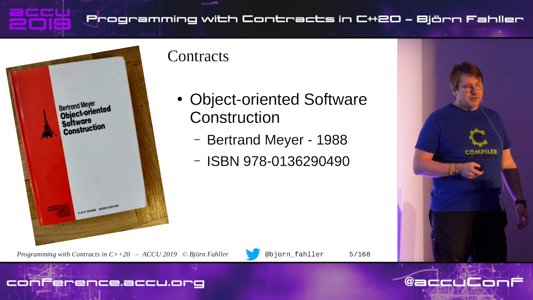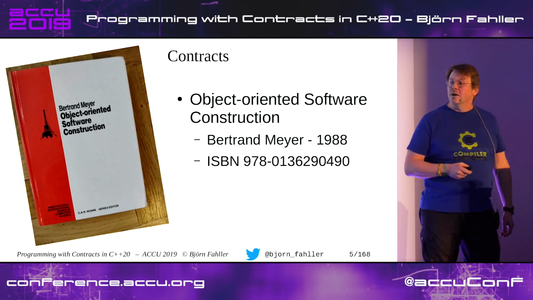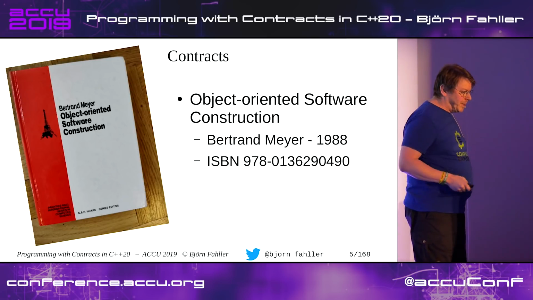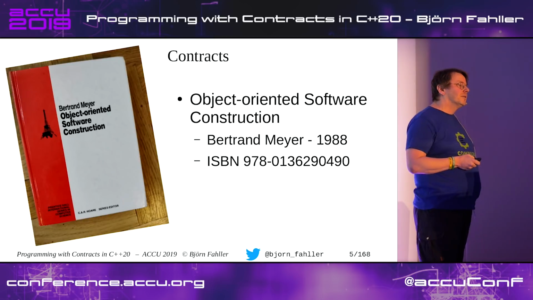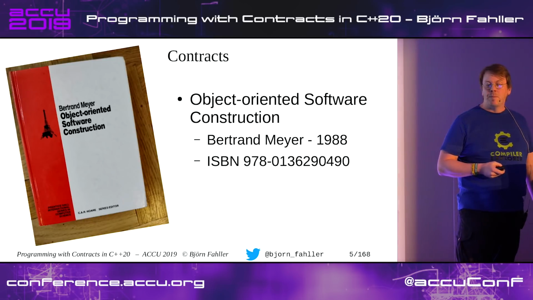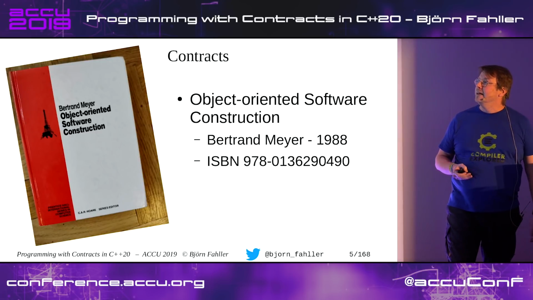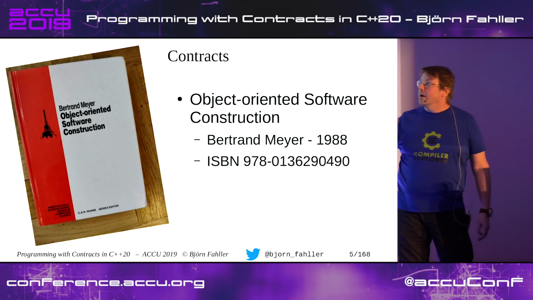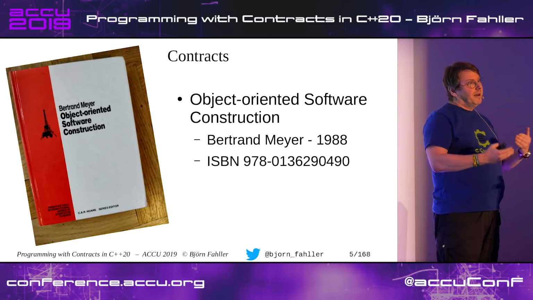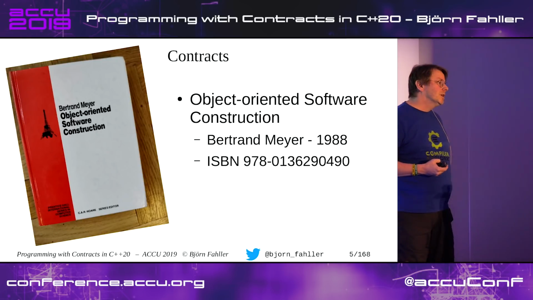I learned about contracts a long time ago. I was at university. I think it was the winter of 91-92. We had a course in object-oriented software construction. We used Bertrand Meyer's book, that explains how the Eiffel programming language works.